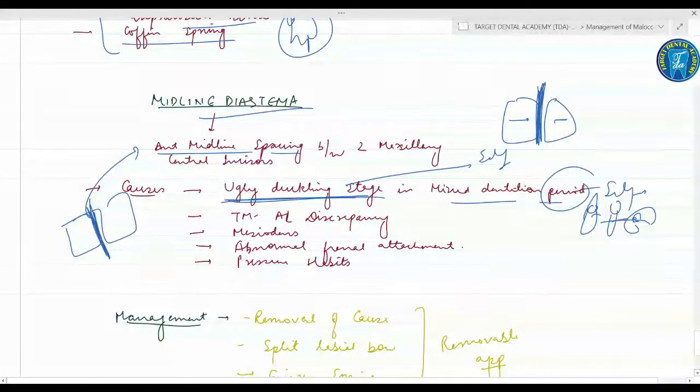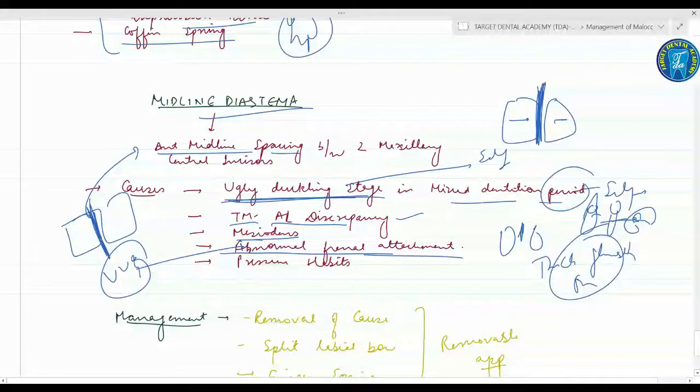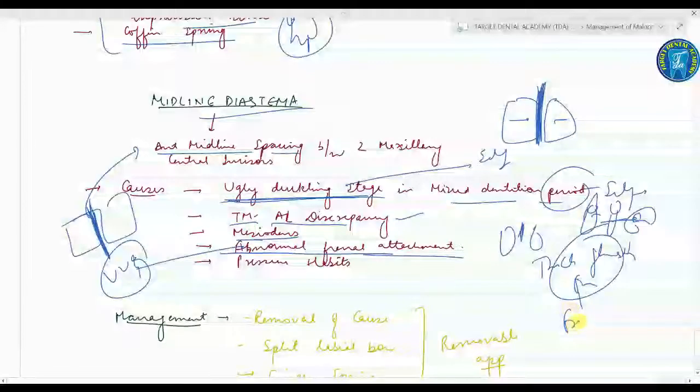And it may be due to tooth material and arch length discrepancy, due to the presence of mesiodens between the two central incisors, or due to abnormal frenal attachment, very important and most common, due to a thick and fleshy frenum. In that case you will go for frenectomy.